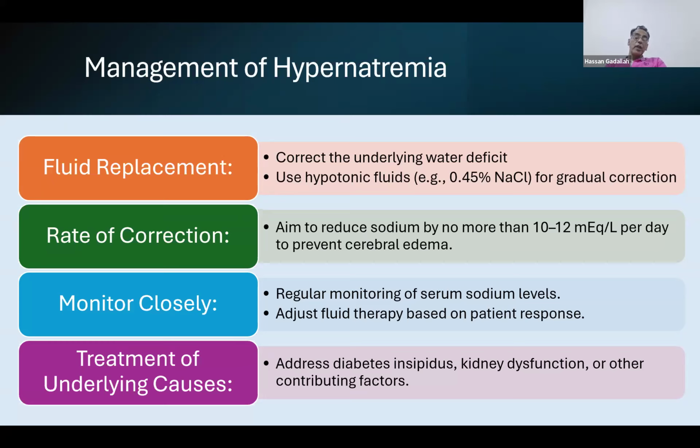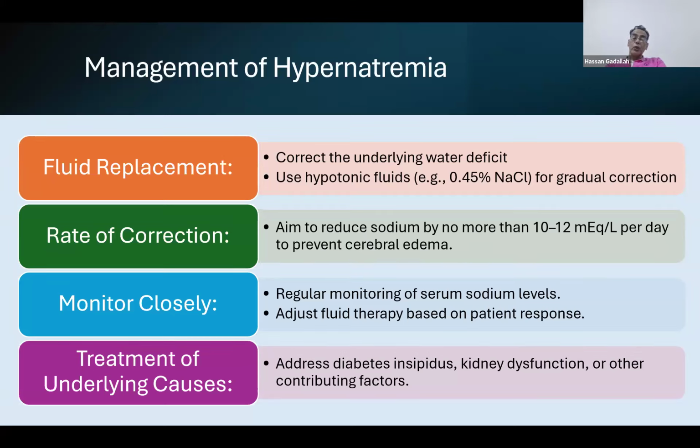And if the disorder is mainly a water balance disorder or a water deficit disorder, like a patient with diabetes insipidus, in such cases, we have to replace free water.